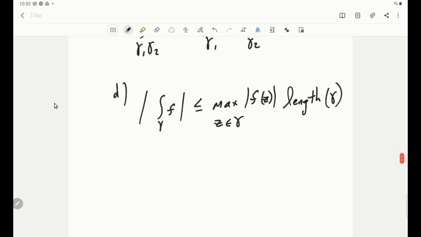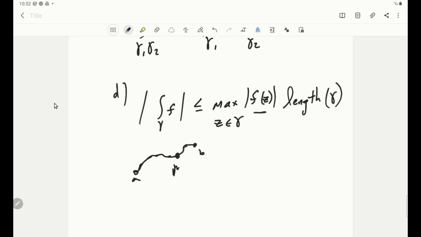In other words, if I'm going along this path from A to B, and I'd like to know in absolute value what I get, it could be hard to compute, but what this says is I can just look along this path at the values of f and find the biggest, maybe that occurred right there: the max of the absolute value of f of z.